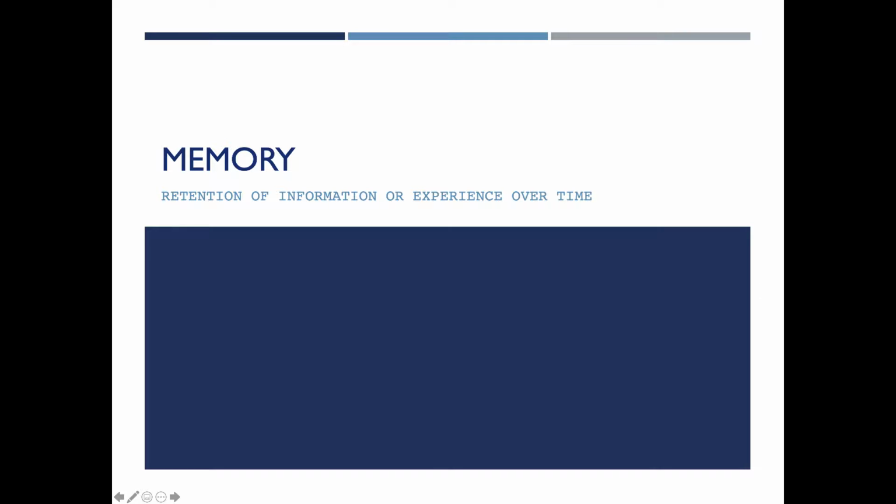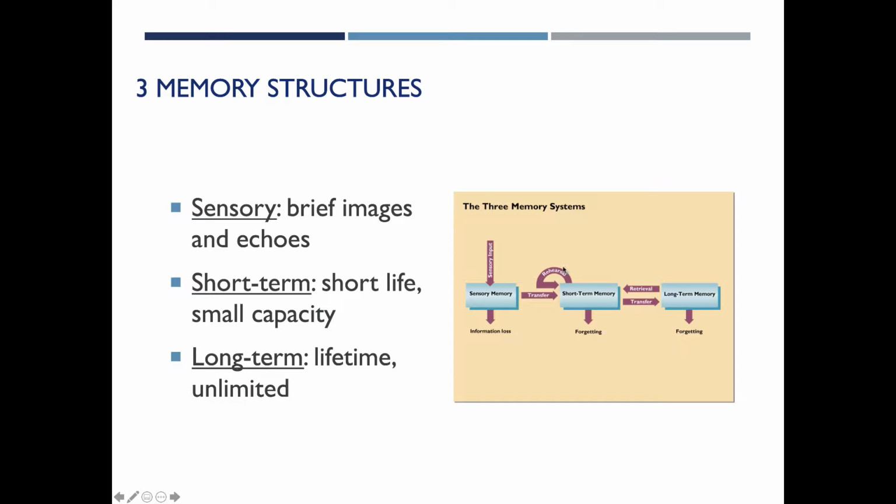Talk about memory, which is the retention of information or experience over time. Memory is one of the topics that is studied by cognitive psychologists. And cognitive psychologists really love to use a computer model for most of their different theories.